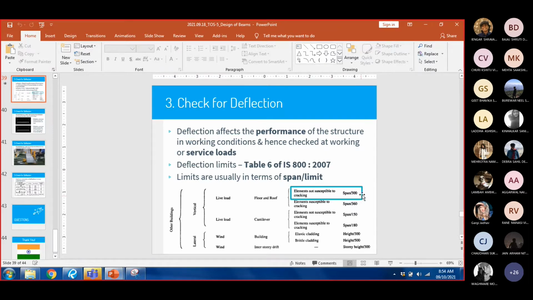So we'll limit ourselves to span by 360. I'm sorry, I'll just repeat it again. So we'll assume that this particular beam does not support a non-structural member that is susceptible to cracking. So we'll limit ourselves to span by 300. This is the limit that we'll use.